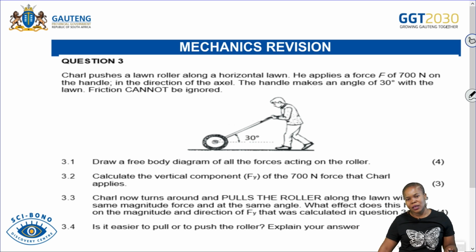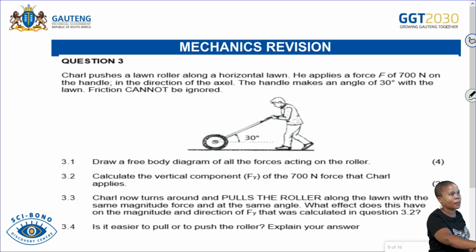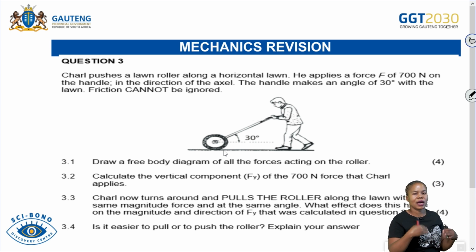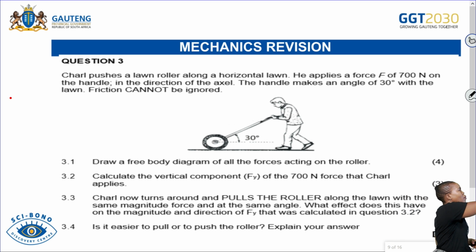It means that there have to be 4 forces applied to this axle that Charles is using. Let me just draw it here so that we are able to see it, and then we can do the other questions on the other page. So this is the solution for 3.1.